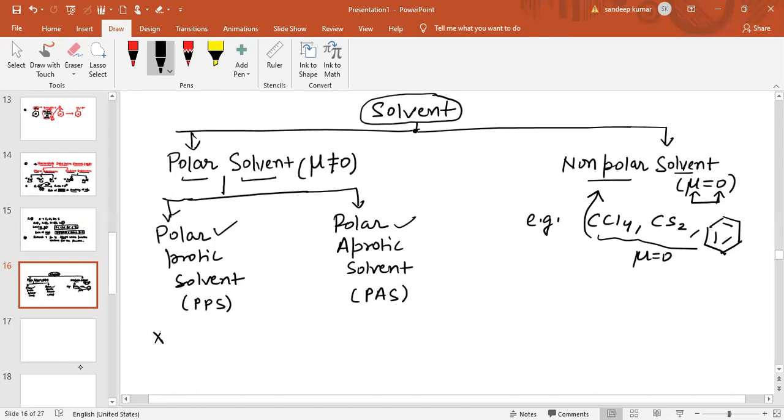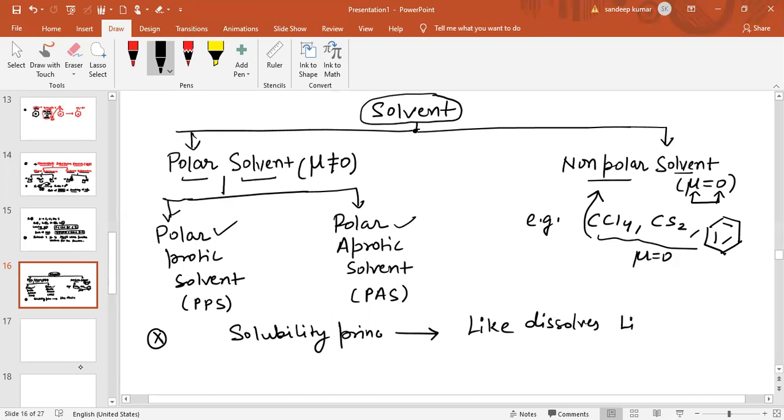And we know the solubility principle. According to the solubility principle, like dissolves like. So what is like dissolves like?